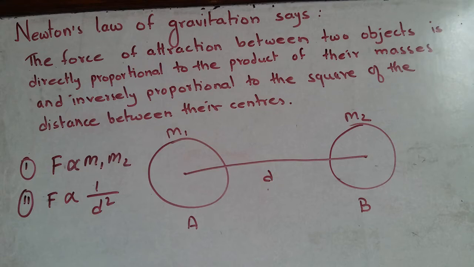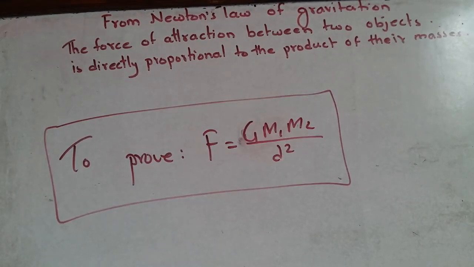So now we will move on to the next part, that is to prove F equals G m1 m2 upon d square using Newton's law of gravitation.